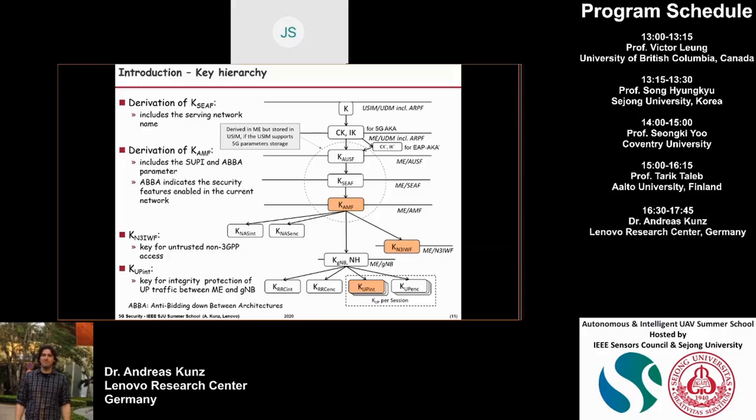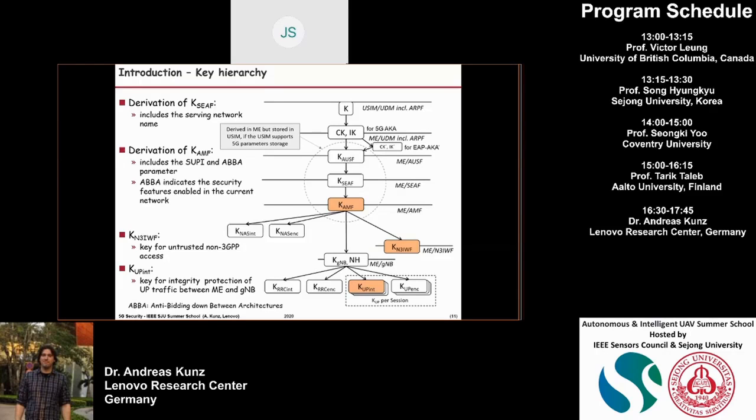And then for the authentication, you use the KAUSF. And then what is important is that the AUSF will derive the KSEAF. In the key derivation, the serving network name is included because the KSEAF is residing in a serving network, so only this serving network can use this specific KSEAF, and you cannot fake the location of the UE.